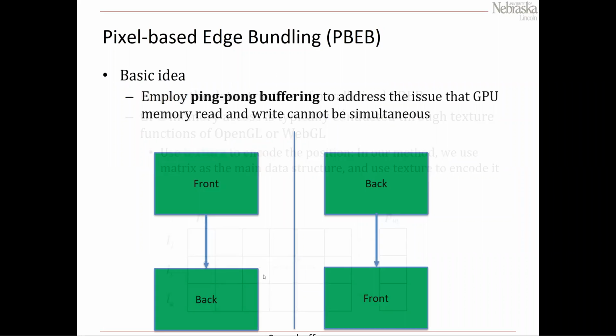point? So in this case, we're using a ping-pong buffer. Here I just skip the technical detail about the ping-pong buffer from the GPU. But the basic idea is we're using two textures to represent the same matrix, and the matrix is updated through the rendering process, which is indicated using these arrows. So during the rendering, we can update the back texture using the front texture.